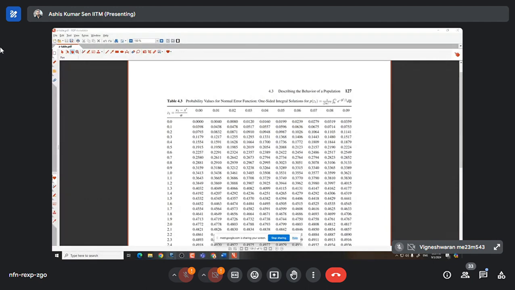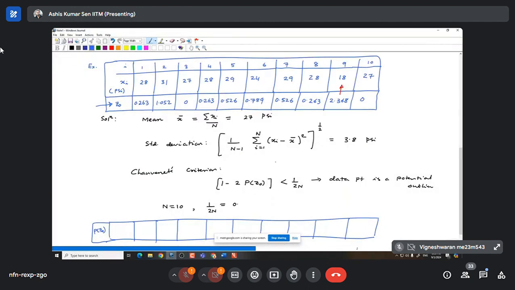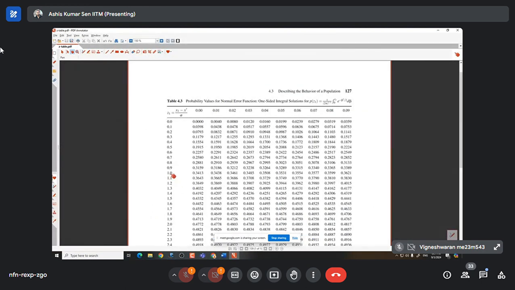So for 0.263, it is 0.1026. Similarly, for 1.052, I can go here, 1.05. Again, you have to really interpolate, but I'm just approximating as 0.3513.